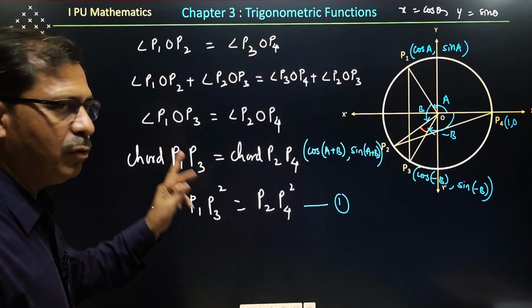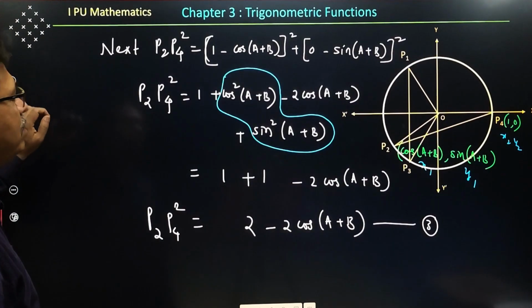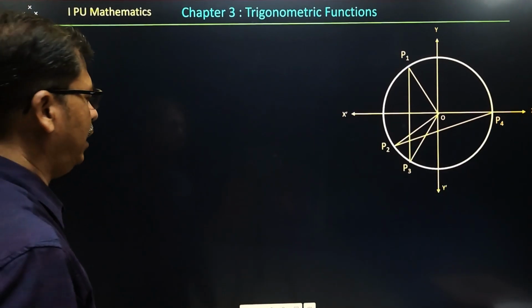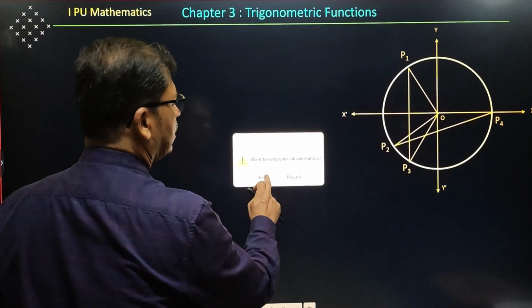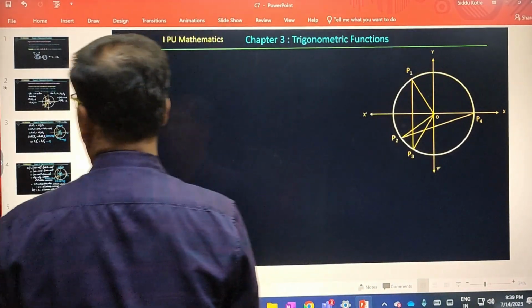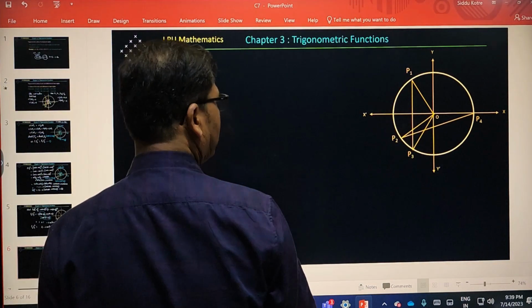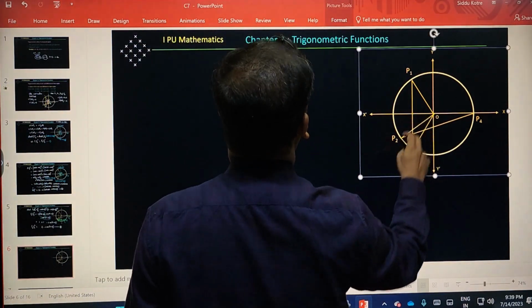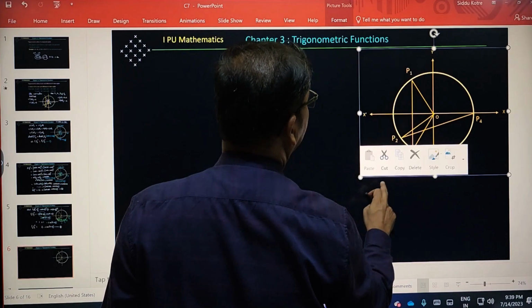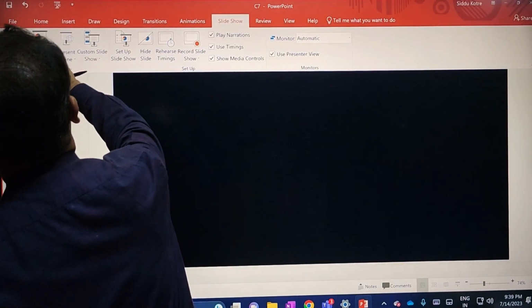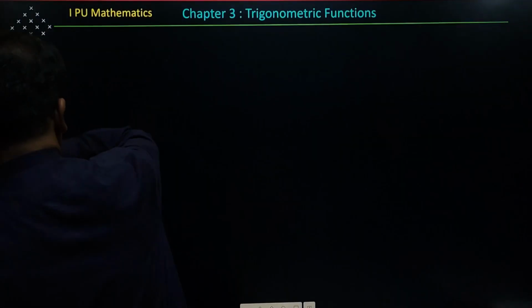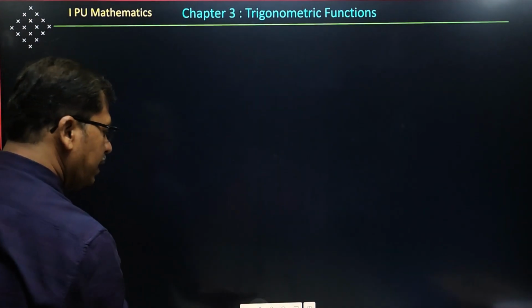From 2 and 3, equation 1 becomes, see, from 2 and 3. Please concentrate here. See what I am writing here.